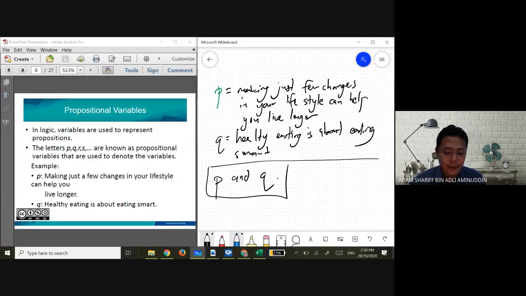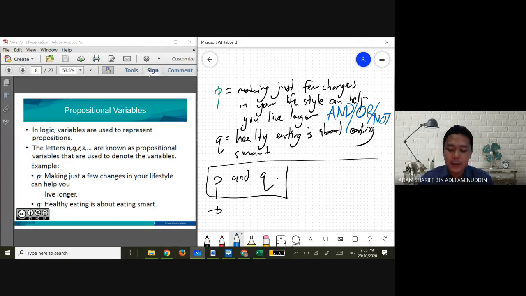Senang je. P and Q means making just a few changes in your lifestyle can help you live longer, and healthy eating is about eating smart. You boleh letak and, you boleh letak or, you boleh letak not di mana-mana. Okay, nanti saya akan bagi contoh lain.